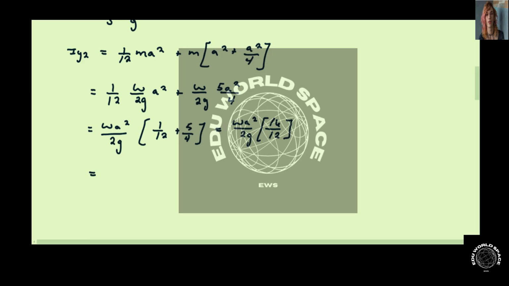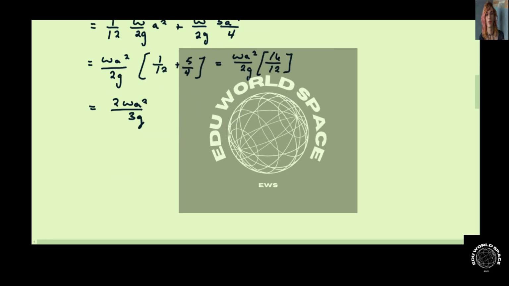And this gives us 2W a squared over 3g. And then we can do the Iy total, which is just going to be W a squared over g times 1/3 plus 2/3, and we get W/g a squared.